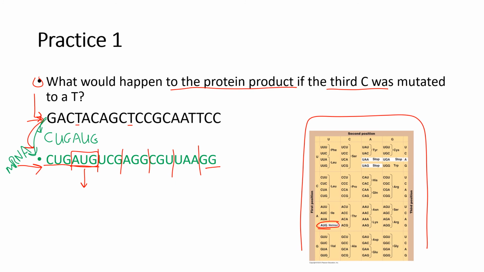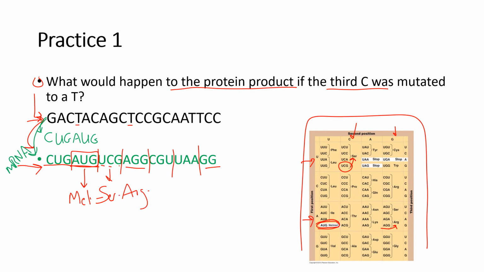So AUG is methionine, so that would be Met. And then the next one is UCG, so the U's are here, C here. UCG is serine, so that would be serine. Then AGG, so A is here, G is here, so you go down to AGG. That's arginine.